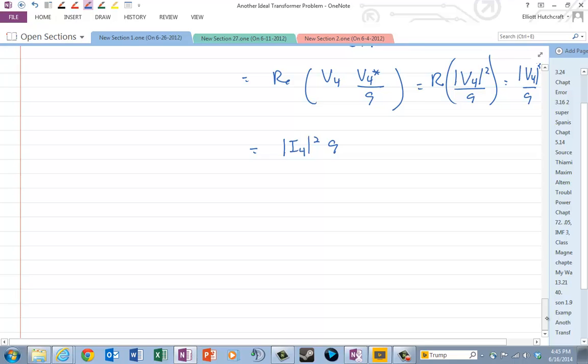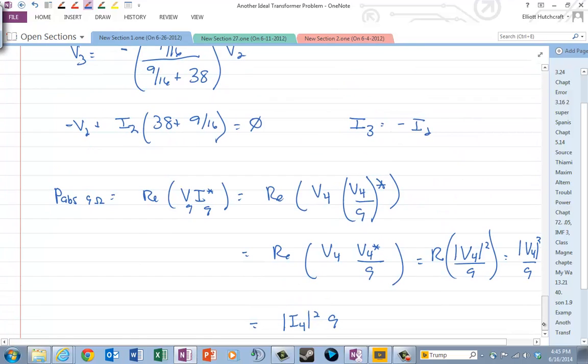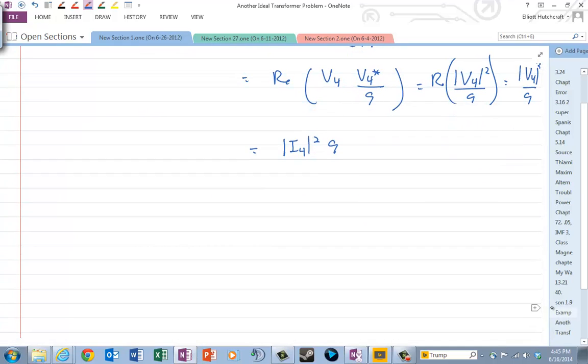Okay, so that's this problem, and I just want to clarify and say one last thing about power in relationship to peak and RMS values. One of the biggest problems that I think you'll face is realizing that S equals V I conjugate is the formula for complex power.